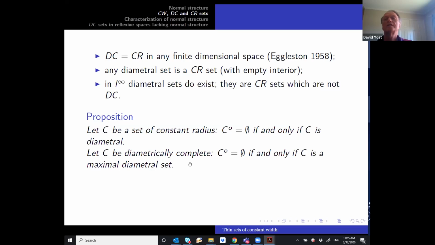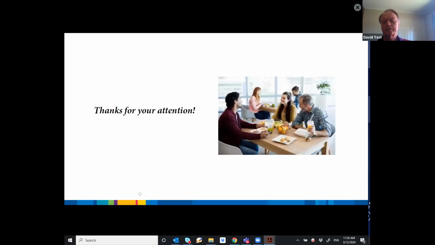For a diametrally complete set, emptiness of the interior is equivalent to being a maximal discrete set, diametral set. And I know, as the last speaker of the morning, I'm not supposed to hold people up from their lunch, so I'll stop on time.